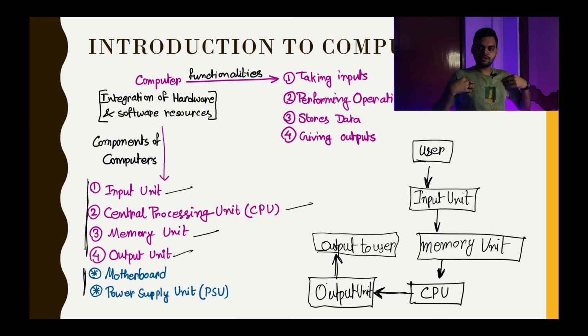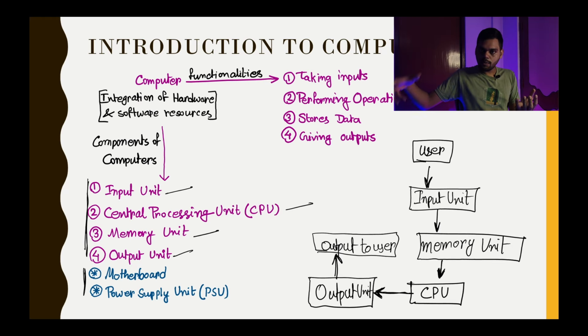Like, I am a user giving input to the input unit. The input unit stores the data to the memory unit, and from the memory unit the CPU accesses the data. After accessing the data, it performs some operations on it.